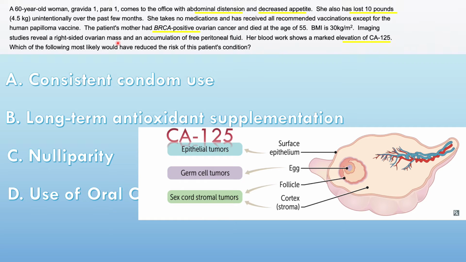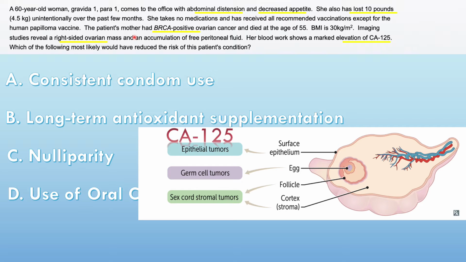So the examiner already knows that you've figured out this is a case of ovarian cancer, but the question really says, which of the following most likely would have reduced the risk of this patient's condition? Reducing the risk means it's a protective factor.